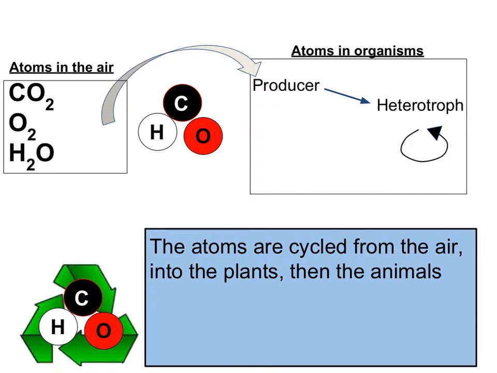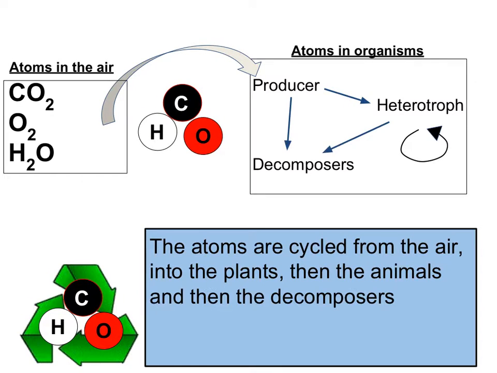It's heterotrophs exchanging these atoms amongst themselves. And then the heterotrophs, the fox, or a polar bear, or you, or the plant, all those atoms in their tissues: if the producer isn't eaten by a heterotroph, it will go to a decomposer. If the heterotroph isn't eaten by another heterotroph, it will go to a decomposer.